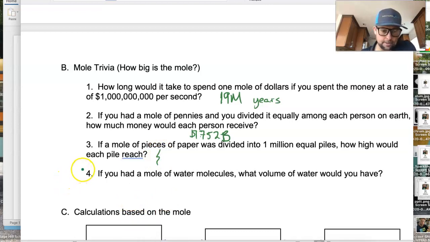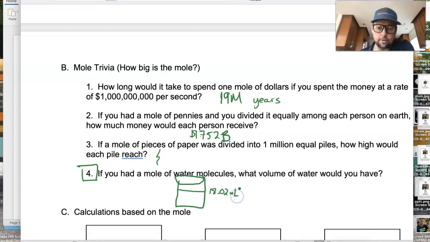Probably the most important part of this, though, if you have a mole of water molecules, still a very, very large number, it's just going to fill up a beaker to 18.02 milliliters. So 18.02 grams of water.